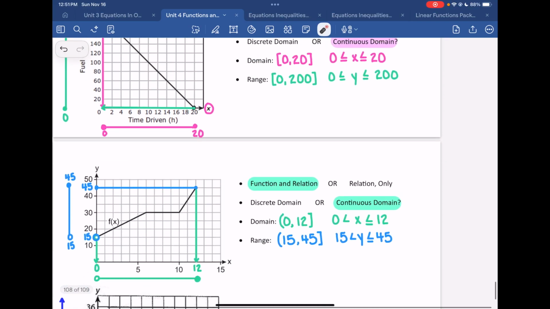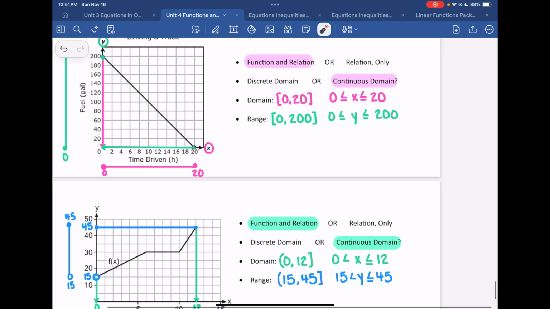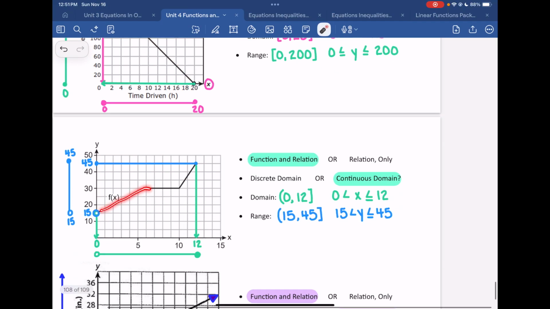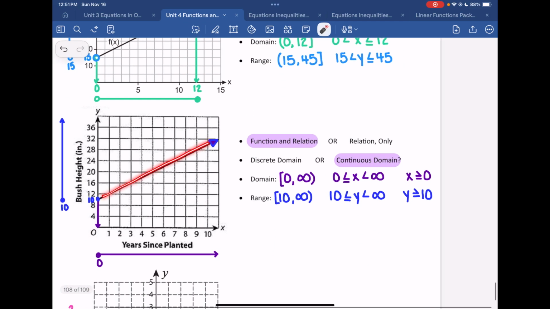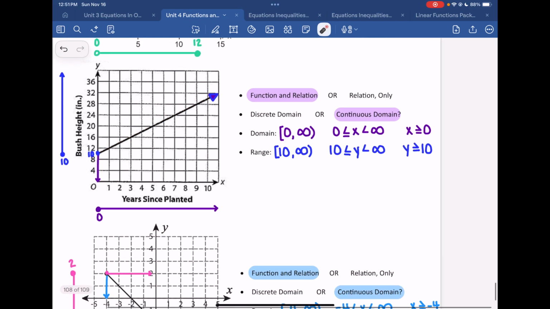Okay? And then for a continuous domain, regardless of whether or not there are arrows, the points are connected. It's like if you took a ruler and you connected the various points, that makes it continuous. So when it's continuous, you can't list because there's an infinite number of points. This is like real numbers, rational numbers, non-negative real numbers, non-negative rational numbers.